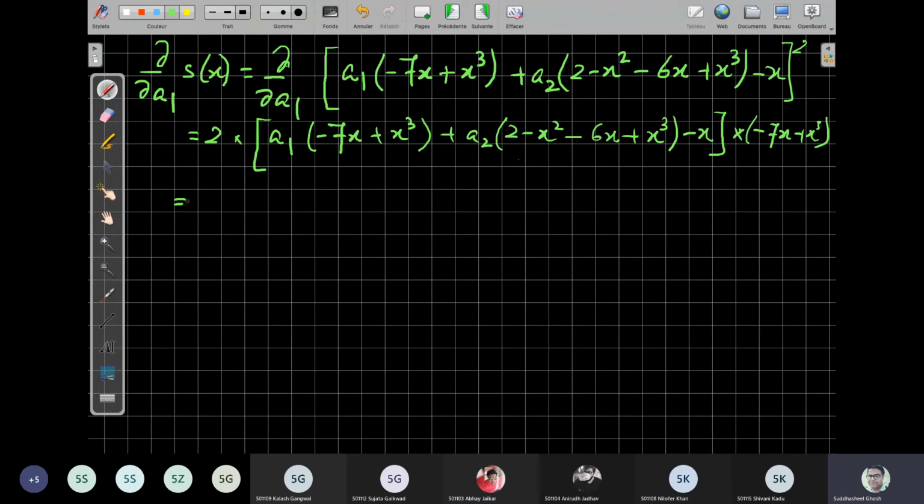Please understand, if I expand it now, I will put minus 7x plus x cube inside.